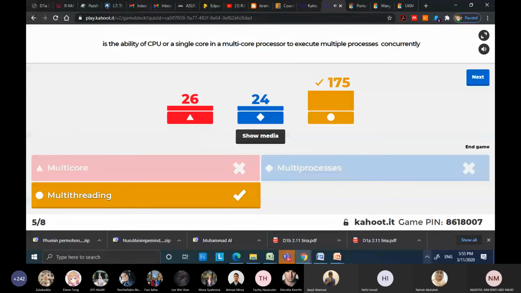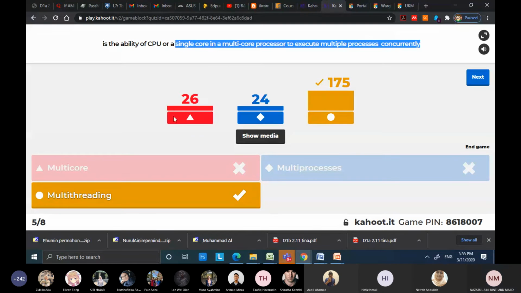Okay, the ability of a CPU or single core in a multi-core processor to execute multiple processes. Because we involve single core or multi-core, single core is the keyword here. So it is about multi-threading.